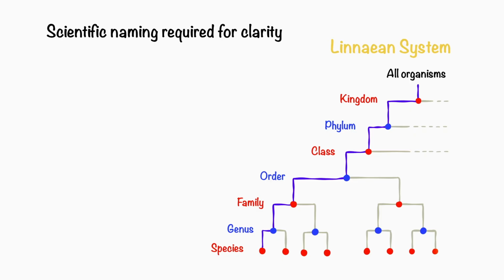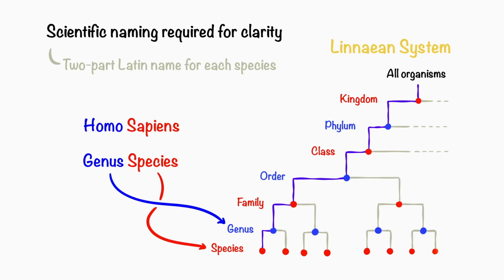Scientific naming follows strict international conventions to ensure clarity. The binomial nomenclature system assigns each species a 2-part Latin name. The first part indicates the genus, while the second identifies the specific species. For example, humans are designated Homo sapiens, Homo denoting our genus, and sapiens our species.